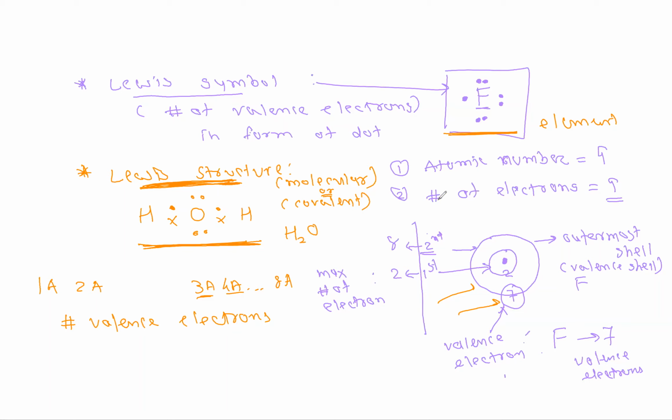To find the total number of electrons, you look at the atomic number, which tells you how many electrons that element has. But if you need to find the number of valence electrons, then you need to look at the group number. Everybody understand this part?